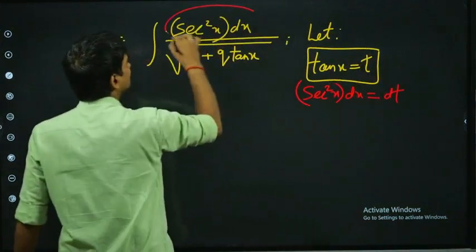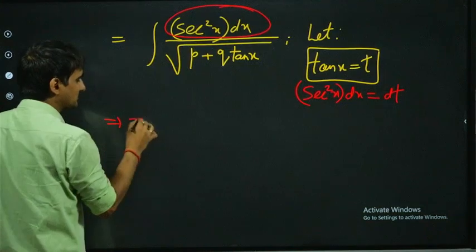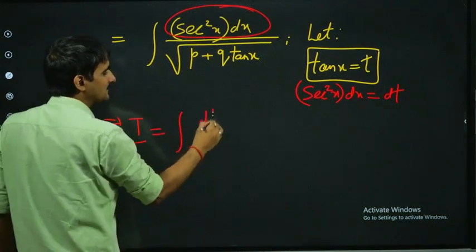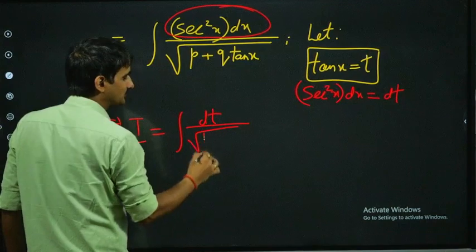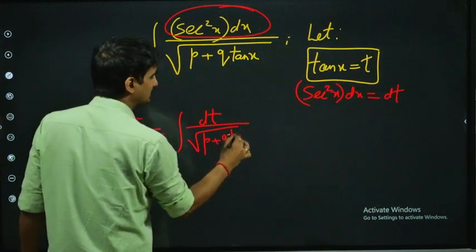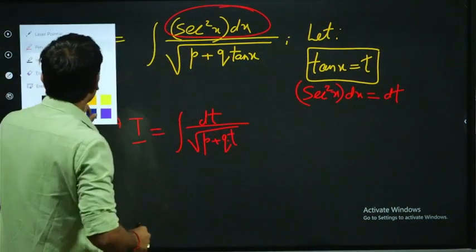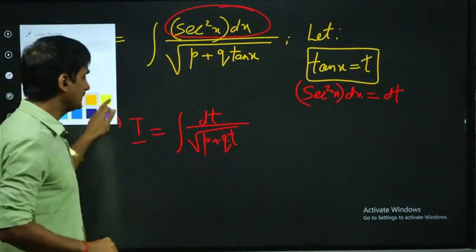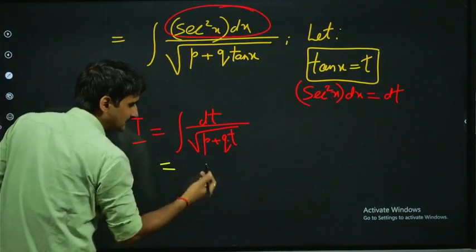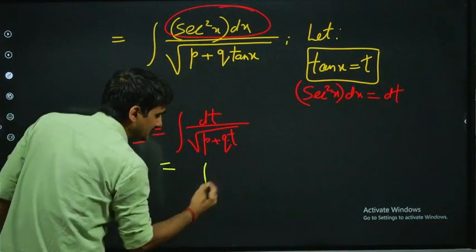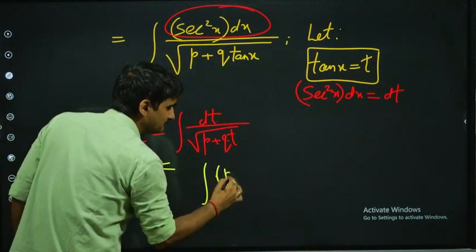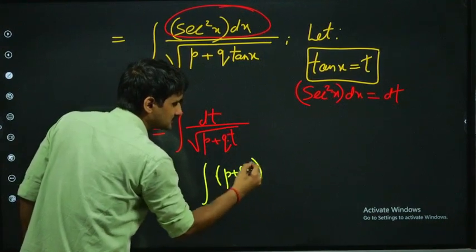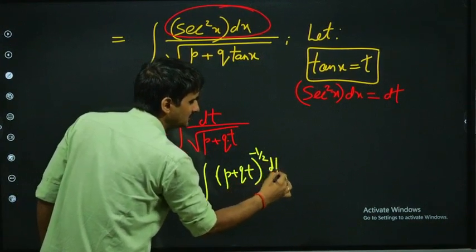So you will be replacing your numerator by dt, and this is nothing but the square root of p plus q times t here. So what's the integral of 1 by under root of t? It's nothing but the integral of p plus qt raised to the power minus half dt.